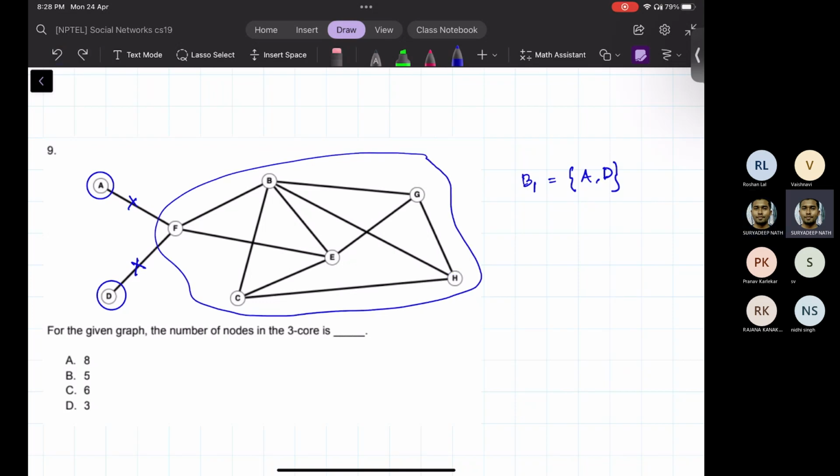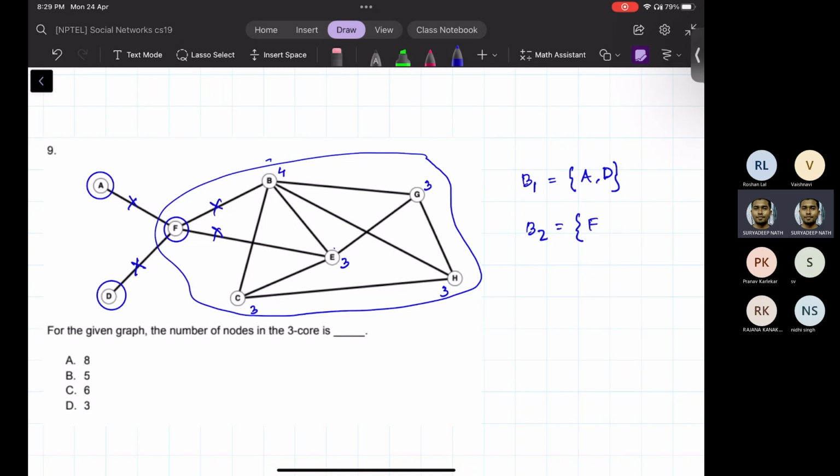Now they want the 3-core. So from the second bucket, I pluck out F and cut off these edges. Now B's degree is still 4, E's degree is 3, C 3, H 3 and G 3.